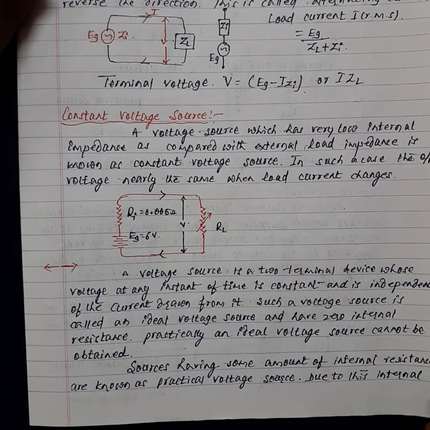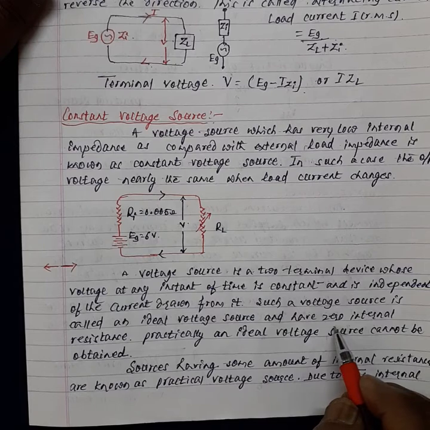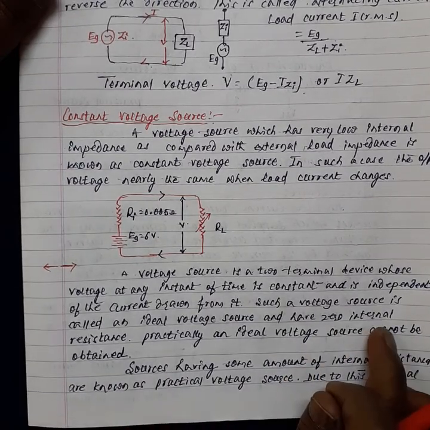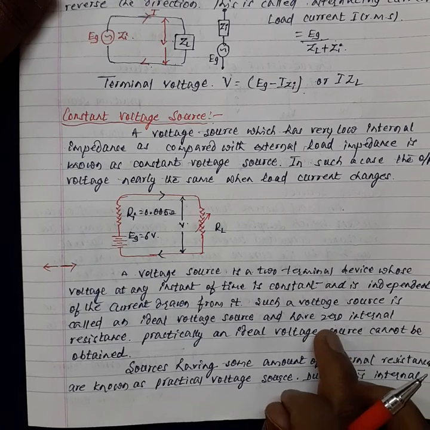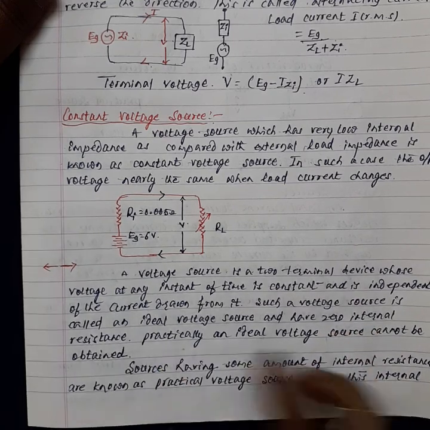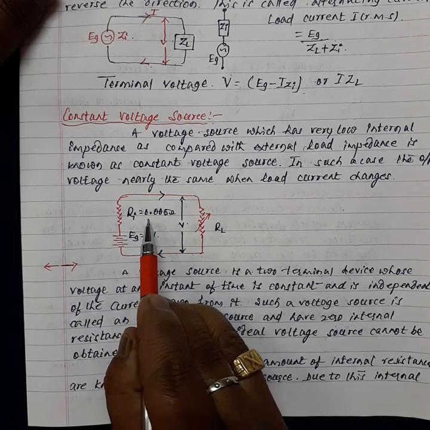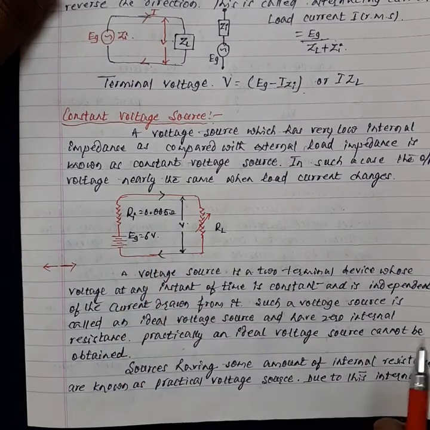Such a voltage source is called an ideal source and has zero internal resistance. So to make it nearly equal to zero internal resistance, one must connect R of I with very low resistance.